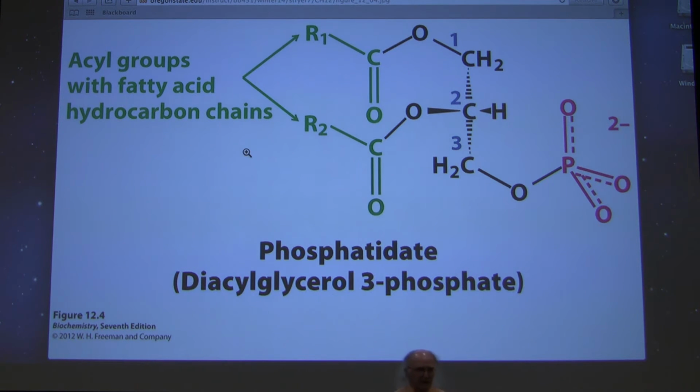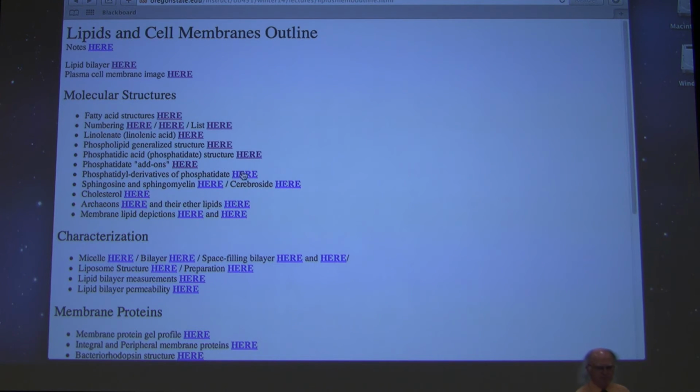That would be phosphatidyl-serine. If instead of serine I put a choline out here on the right, I will have phosphatidyl-choline. If I put an ethanolamine out here, I will have phosphatidyl-ethanolamine. So anything that's phosphatidyl something means that I've got this part and then the something is attached to the phosphate. Pretty simple naming.